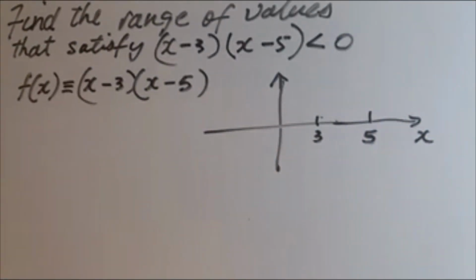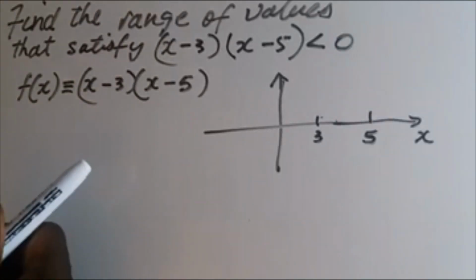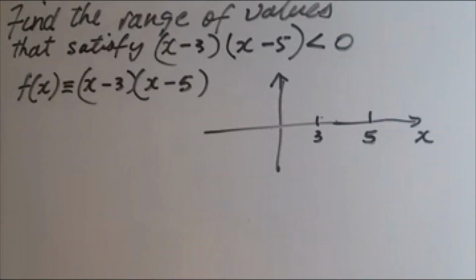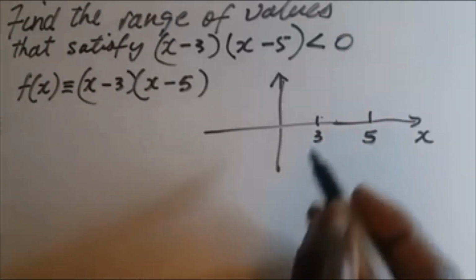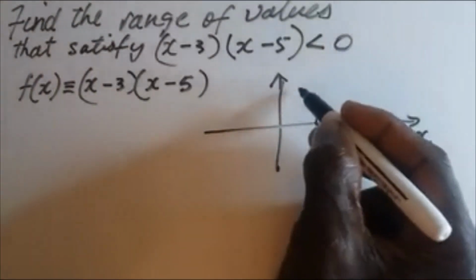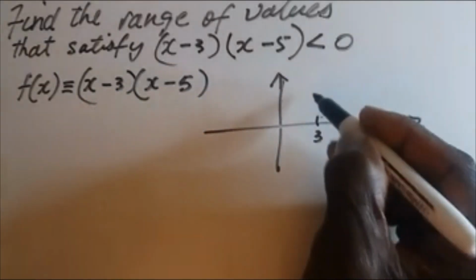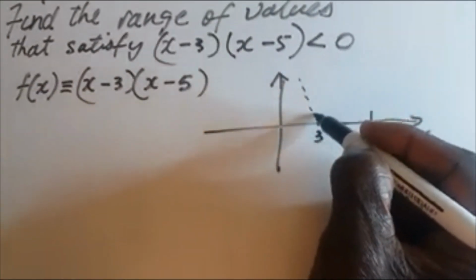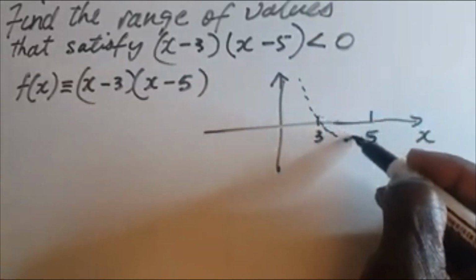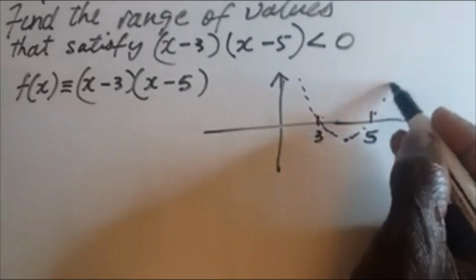When I say zeros, I mean where the graph cuts the x-axis. So we know it's quadratic, and its x squared will be positive, so we know it must have a shape similar to this.